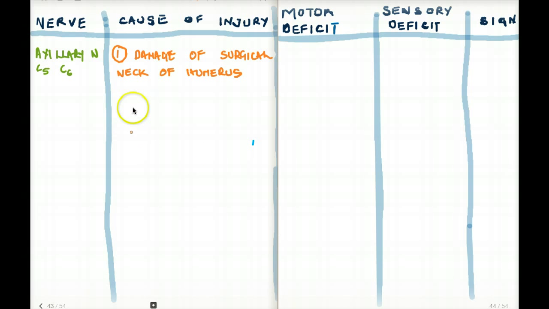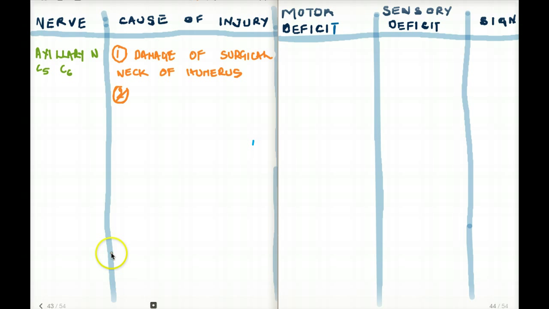Other than this one, there is also another very popular cause which leads to damage of the axillary nerve, and that is dislocation of the humerus, which we know, because some people have a very shallow socket where the humerus sits. Oftentimes it just pops out during sports, or just pops out like that sometimes.